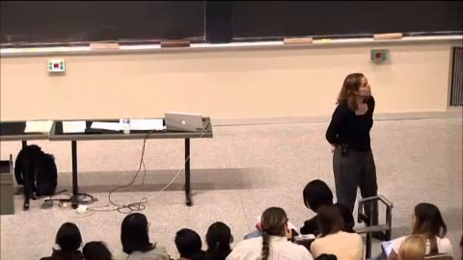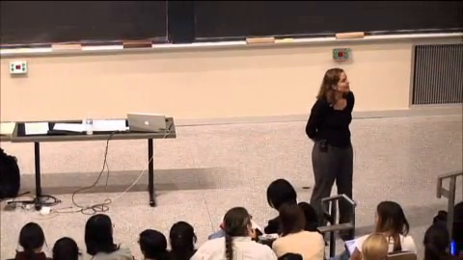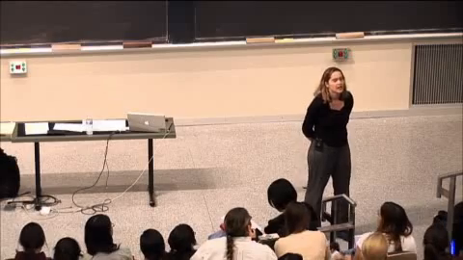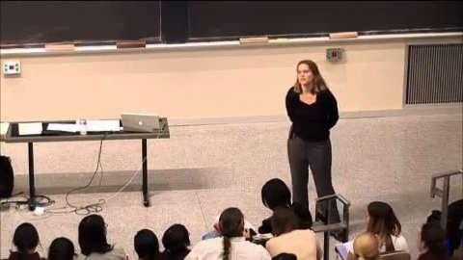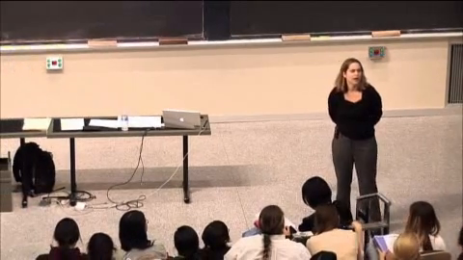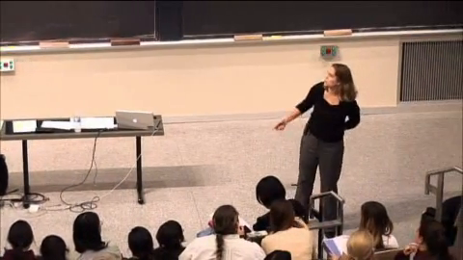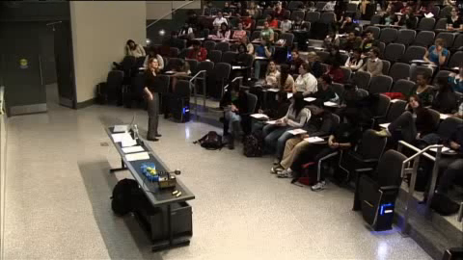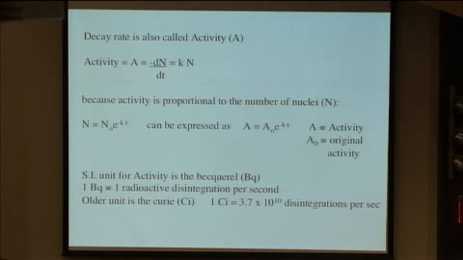At first, we had the Curie, but then that turned out to be a really big number. When you were talking about safe units for workers to be exposed to, being exposed to things at 10 to the 10th really isn't very healthy. So they wanted a much smaller unit.